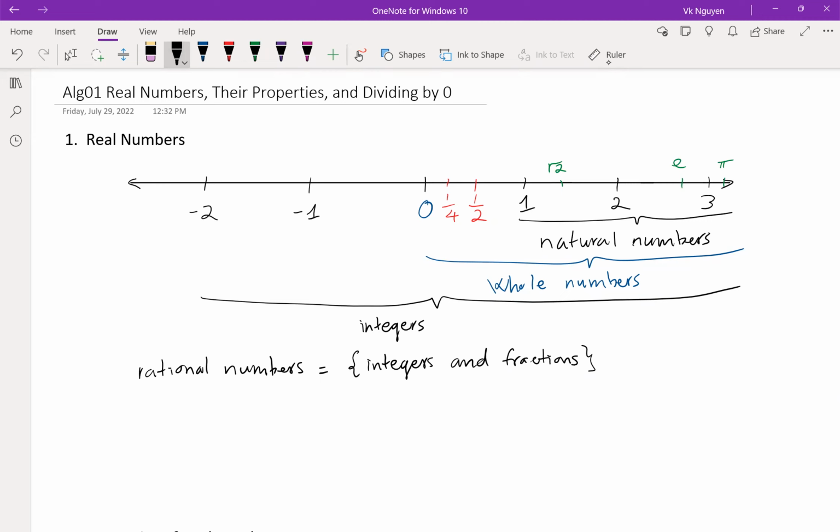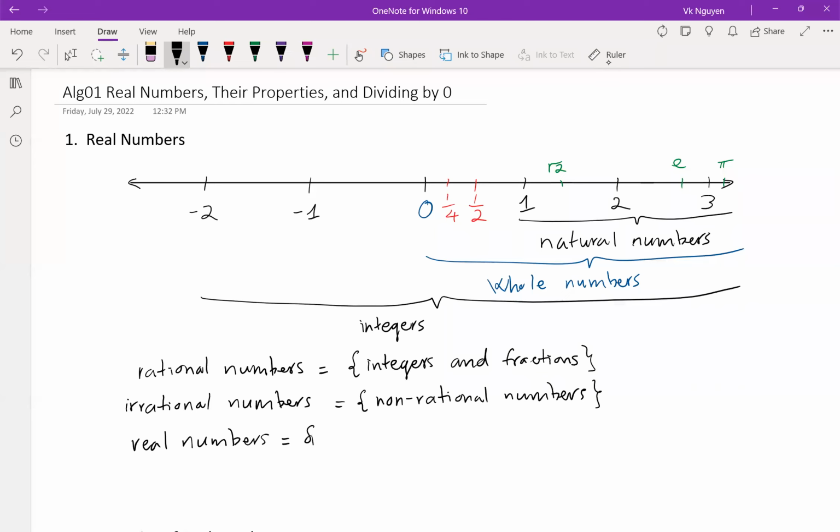We call them irrational numbers, which is the set of non-rational numbers. And together we have real numbers. Real numbers are the set of rational and irrational numbers.